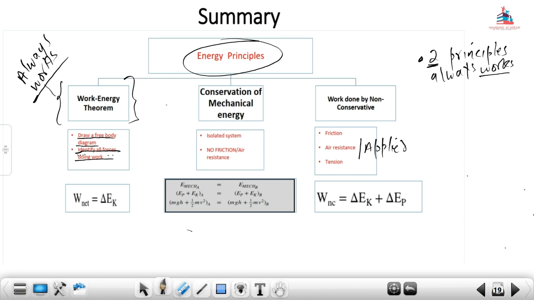And if I have identified that in the free body diagram I used there is no friction, I am told it is a frictionless surface, then automatically I can apply the conservation of mechanical energy. So this is key in knowing exactly which energy principle to apply. Once you know which one to apply, believe you me, you will be in the right direction.